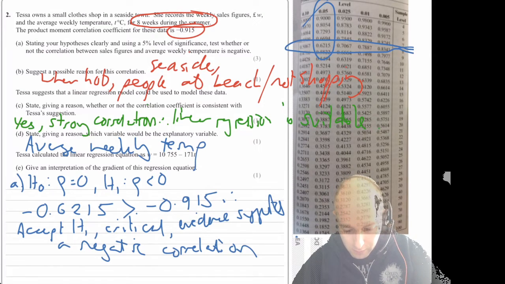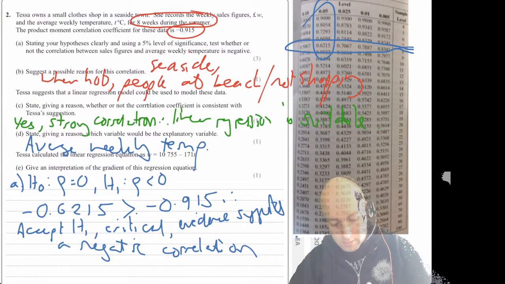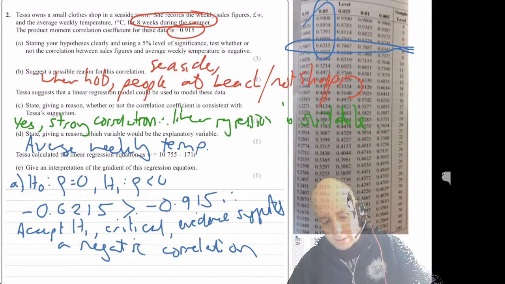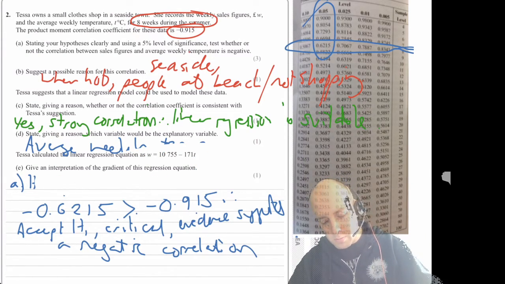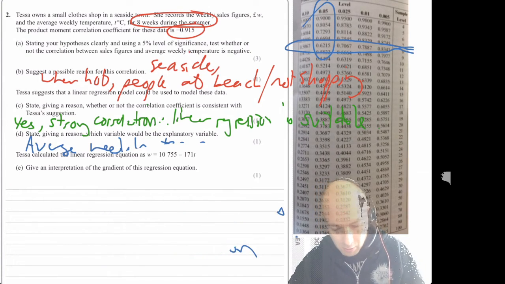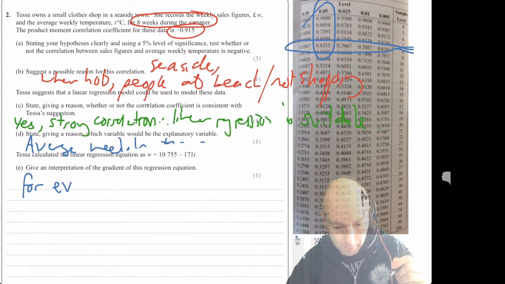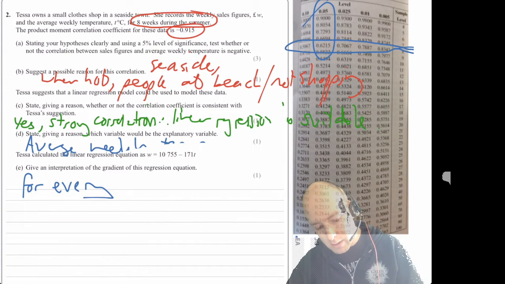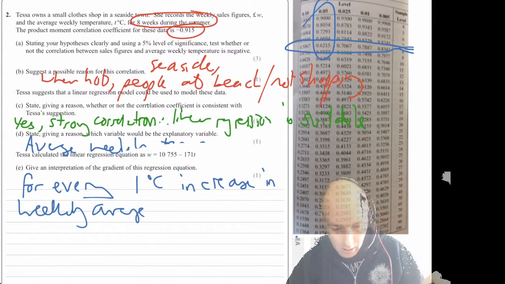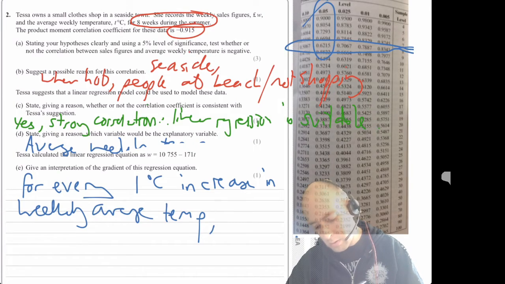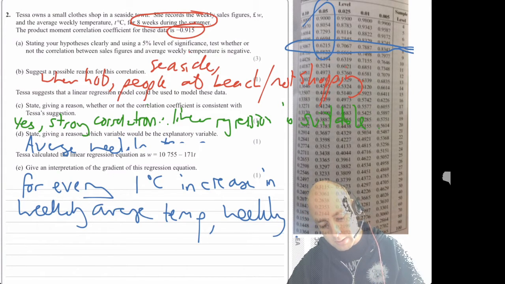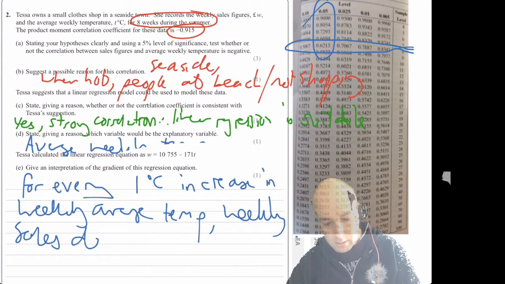And last bit, give an interpretation of the gradient that she's calculated. So I need to make some space there. So the gradient is minus 171. So the interpretation would be, for every 1 degree C increase in weekly temperature, average temp, weekly sales decrease by £171.